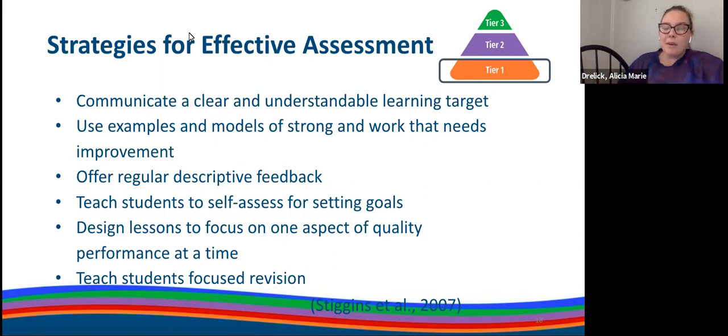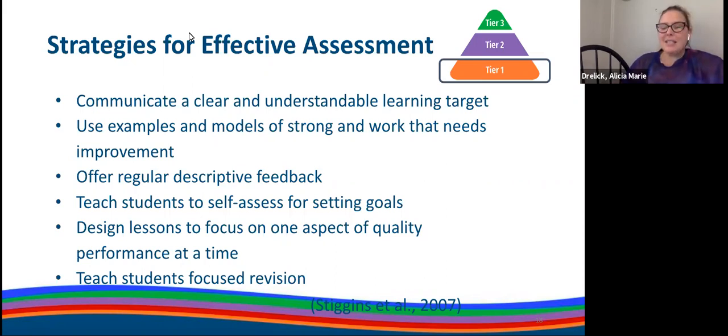We want to make sure that when we are implementing assessments in Tier 1, our expectations are clear and we're targeting specific skills that are taught throughout our curriculum. To increase student success, we want to make sure that we are providing strong models and examples, as well as featuring some mistakes that are commonly made and how students can avoid or make improvements on those.